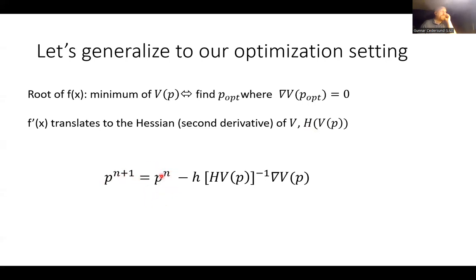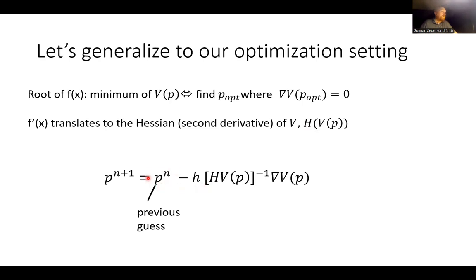It's the old point minus, and let's ignore this h for a little while and just look at this one. So this is the Hessian. So this is the second derivative, which equals f prime in the previous one, and inverse. So this is divided by f prime is what this is, and this is f. So this is f divided by f prime. So it's exactly the same, but we have an h here.